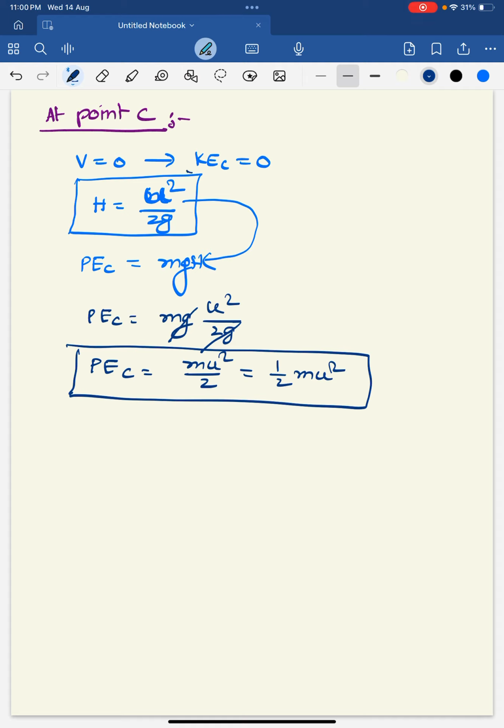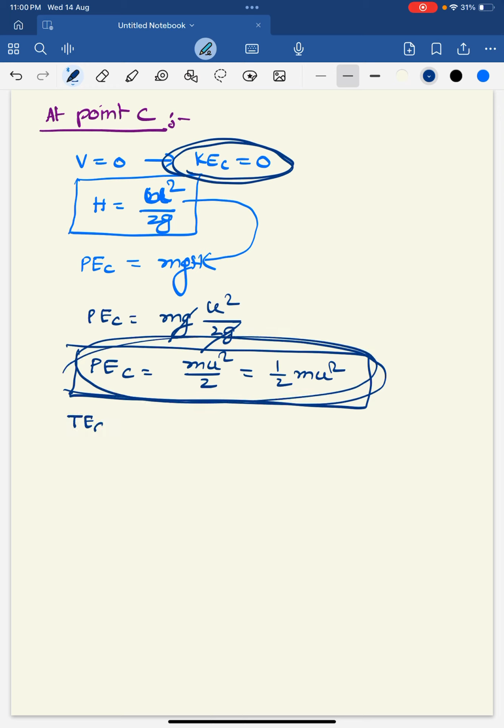So we know the kinetic energy at point C and the potential energy at point C. Therefore total energy at point C is the sum of kinetic energy at point C plus potential energy at point C. Kinetic energy at point C is 0, because vertical velocity is 0, plus potential energy at point C is half mu square.